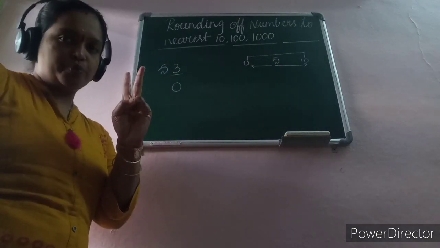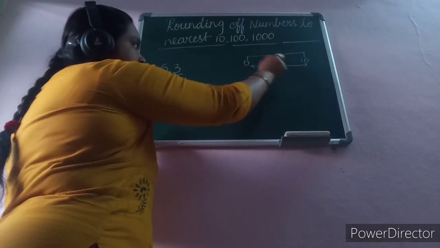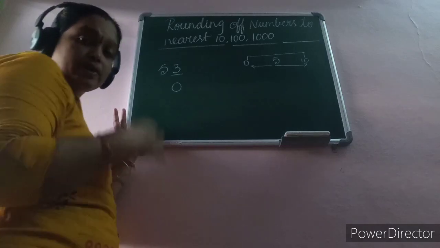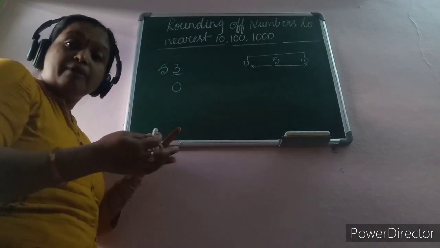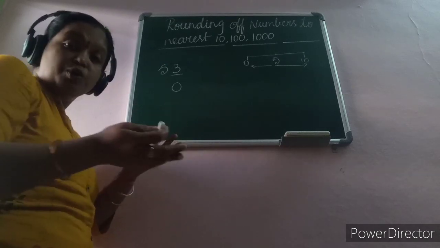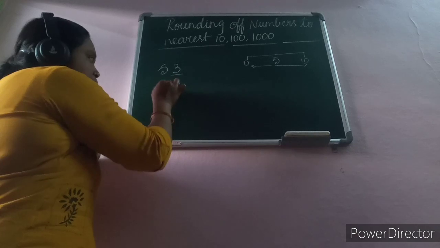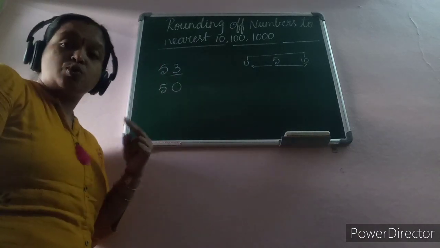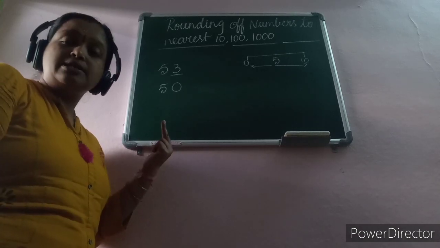Now step 2: see whether this 3 lies before 5 or after 5. Definitely it is before 5, so our work has become easy. No need to do anything for this. Simply carry down the number in the tens place. So when you round off 53 to the nearest 10, you will get 50.